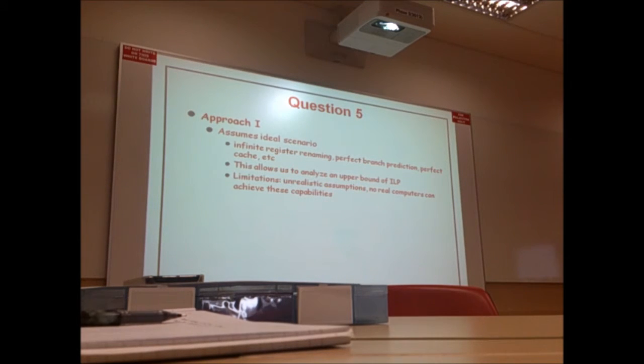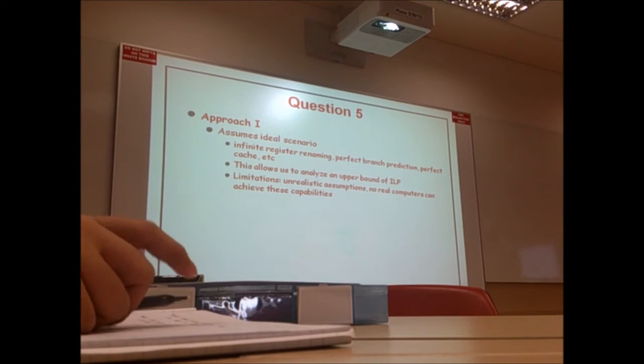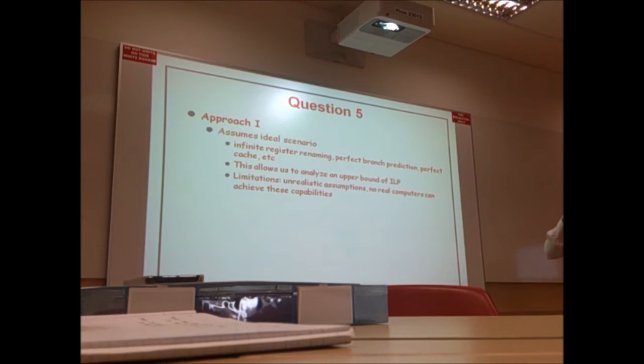So let me briefly summarize the approaches. We're trying to get some upper bound on the amount of instruction level parallelism we can have. One possible approach is to assume an ideal scenario. In an ideal scenario, you can assume that you can have infinite register renaming, and you can have perfect branch prediction, and perfect cache behavior, and so on.